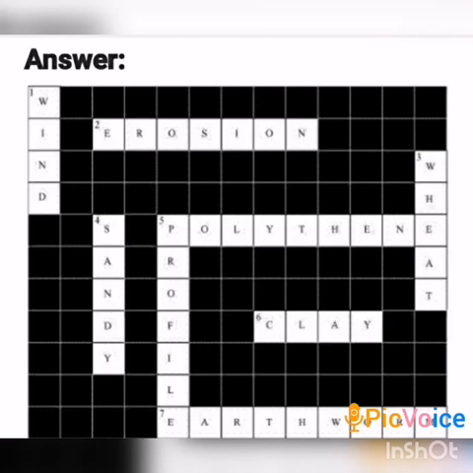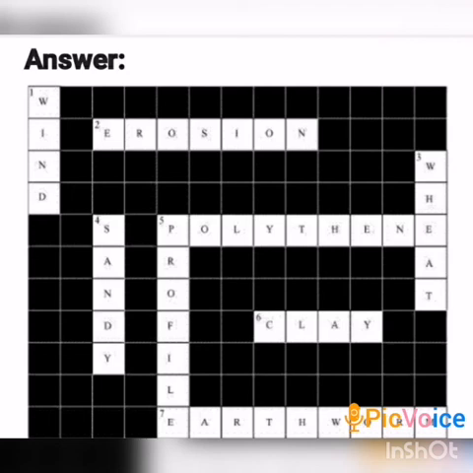Then 4th, this type of soil can hold very little water. We have just seen the difference between clay soil and sandy soil. So, which one can hold very little water? Yes, sandy soil. So, the answer for the 4th one is sandy.